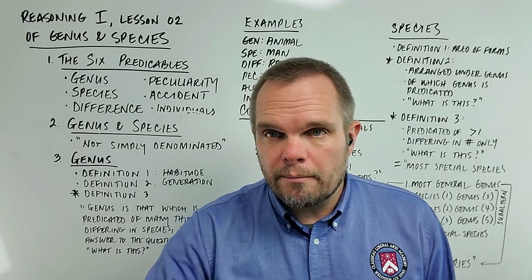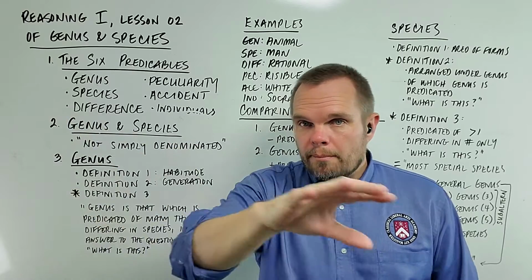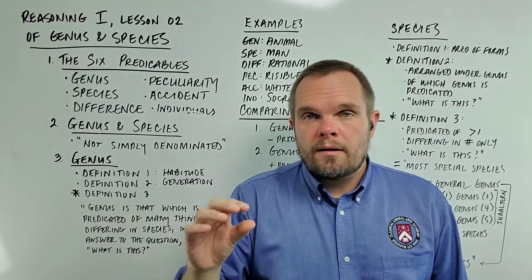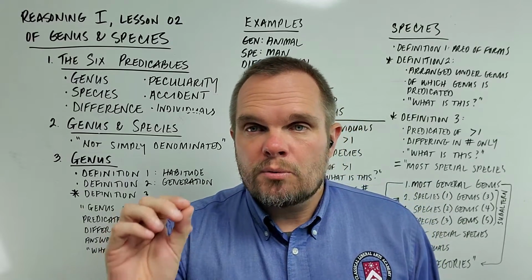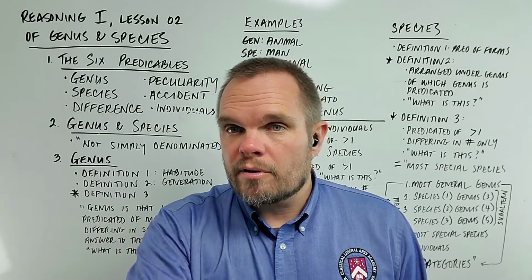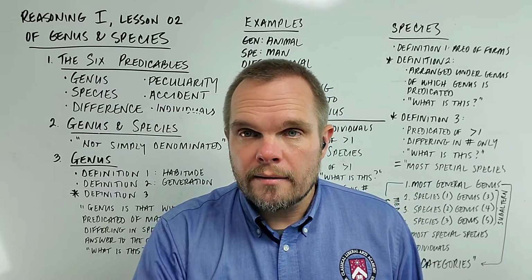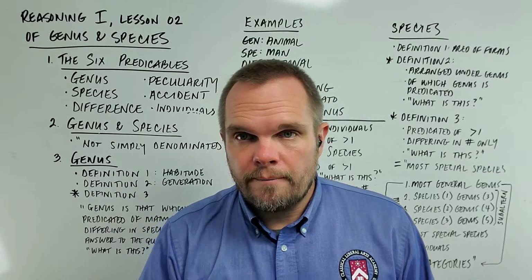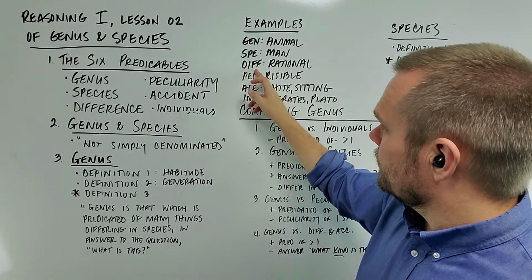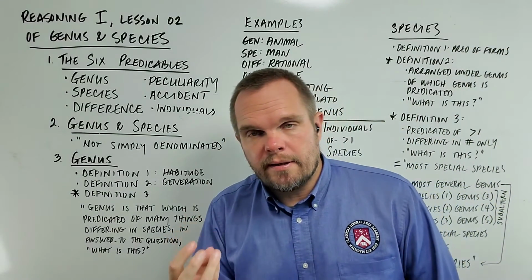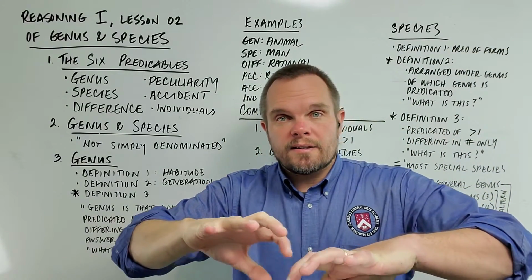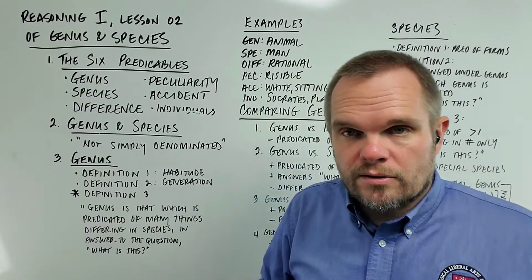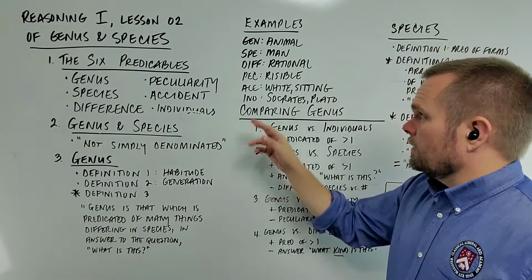It doesn't separate man from the other members of the larger class, as we'll see as we continue to go up. Rational is what separates man from other animals. Man is a rational animal. So the difference is that quality of a thing that actually separates it from other members of a class to which it belongs. That's a difference.